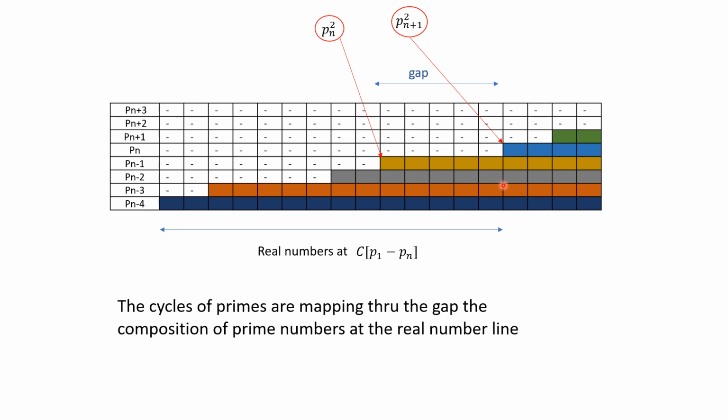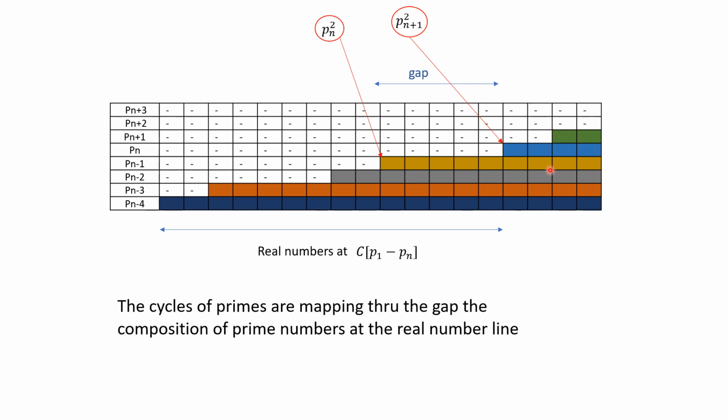We will know that the composition of the prime numbers in the real number line will be the same as in the gap and in all previous gaps, right? So in the main cycle until here will be the composition. And then when comes the next PM, right, it will be until here.